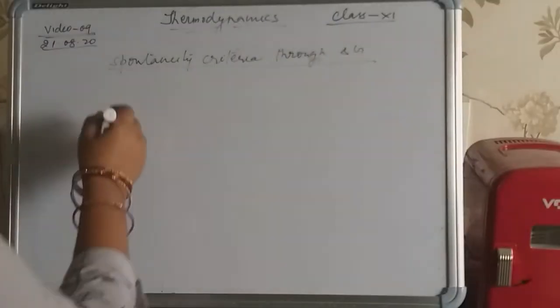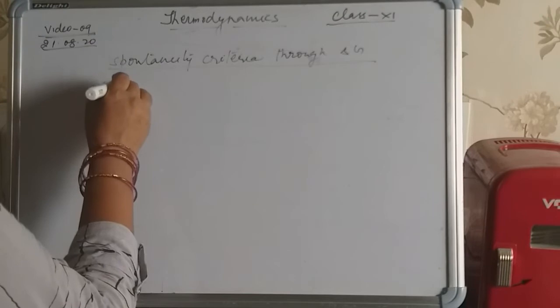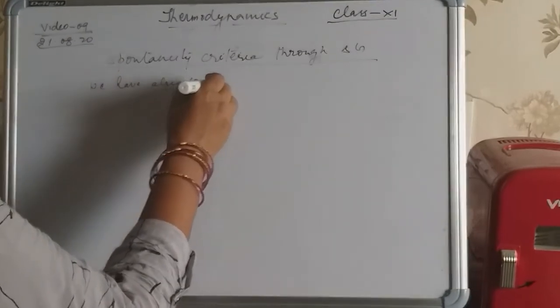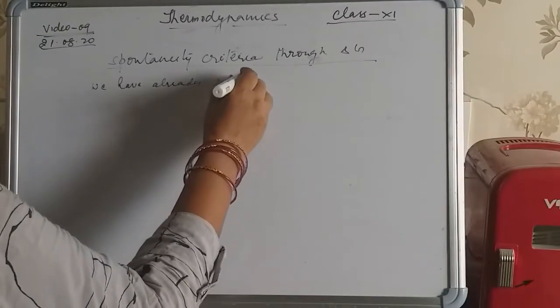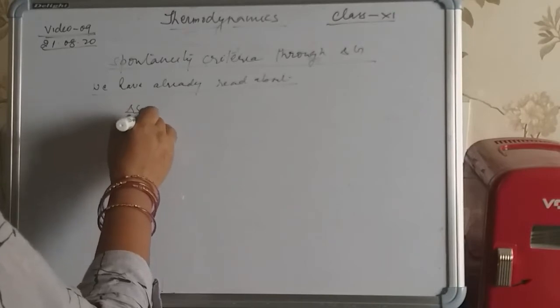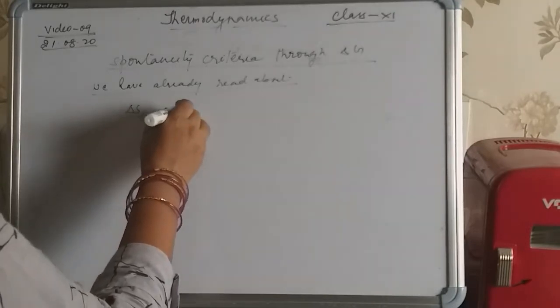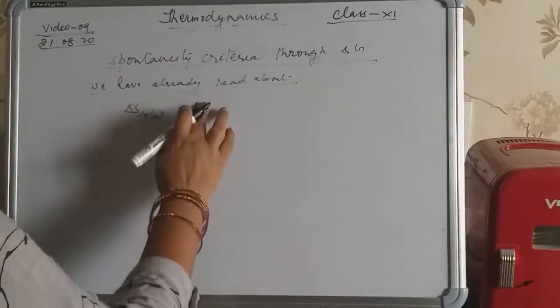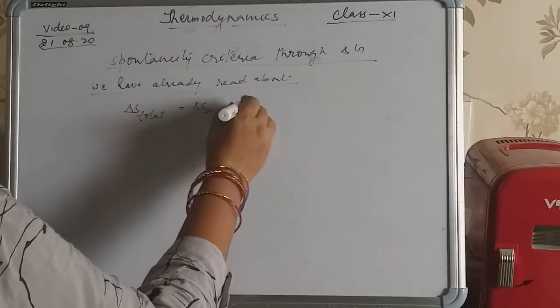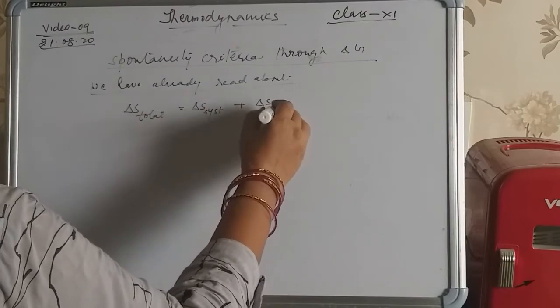We have already discussed, or read about, that total change in entropy equals change in entropy of system plus change in entropy of surroundings.